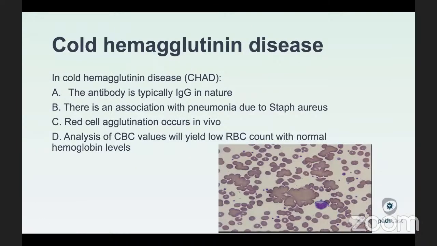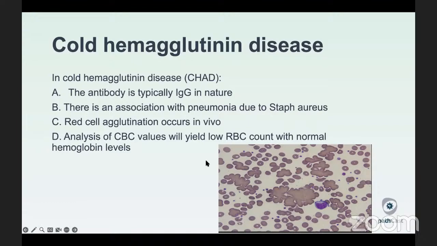Cold agglutinin disease. Is it an IgG disease in nature? No, it's an IgM. Is it caused by pneumonia due to Staph aureus? No, it's Mycoplasma. Does red cell agglutination occur in vivo? No, it's actually in vitro. Can analysis of CBC yield a low red cell count? That's true, because the red cells clump together and give a false number.